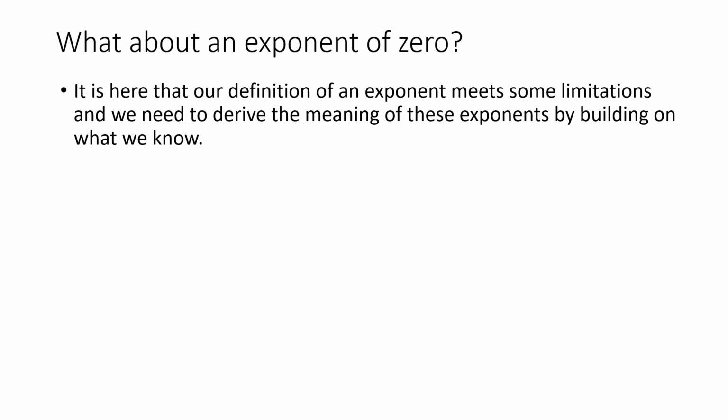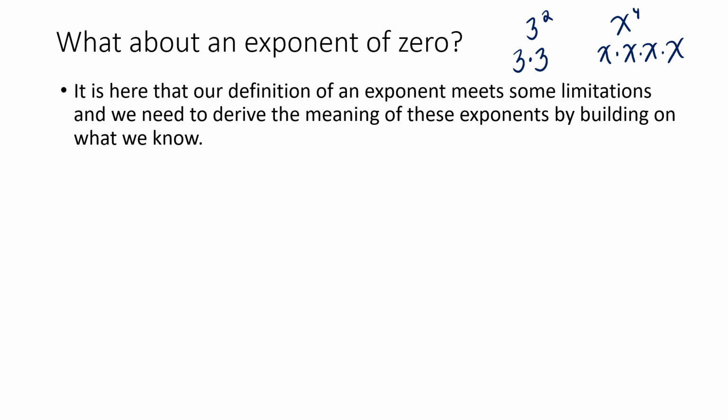So for example, 3 squared means that 3 is used as a factor twice, that is, it's being multiplied in twice. And so you have 3 times 3, or 9. And then we expand that to x to the fourth means that x is used as a factor 4 times. And we don't really have any issues with that.